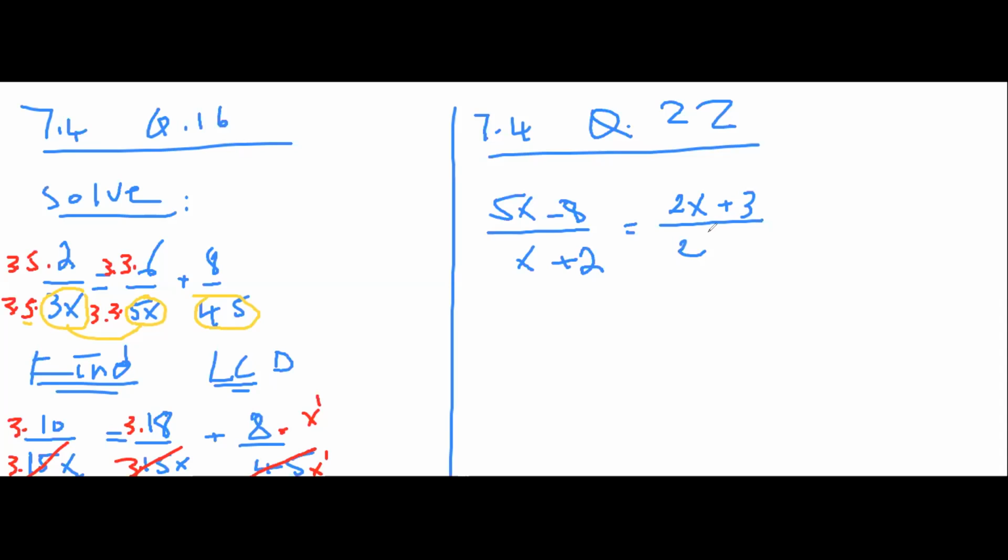X plus 3. I think I messed up. We're doing 22. Yeah, the 2x is not it. It's 5x minus 1. That's right, 5x minus 1, and then over x plus 3.